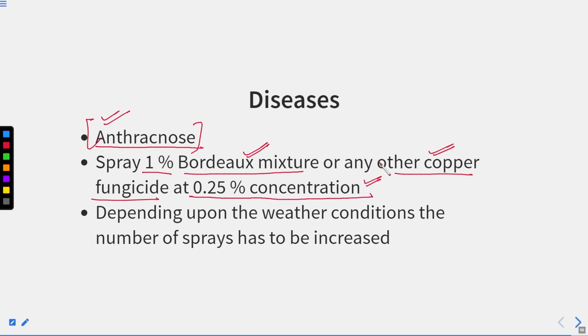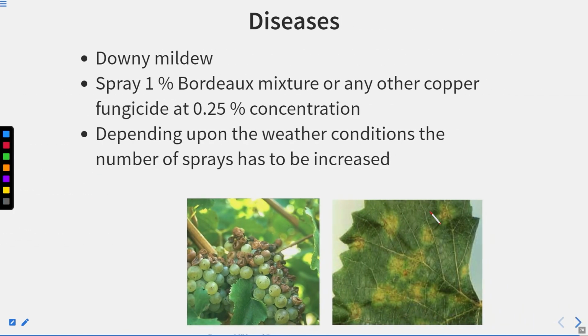So this is the concentration of other copper fungicides besides the Bordeaux mixture. The Bordeaux mixture is the best one we can use. And depending upon the weather conditions, the number of sprays has to be increased. So this is how to get rid of anthracnose.